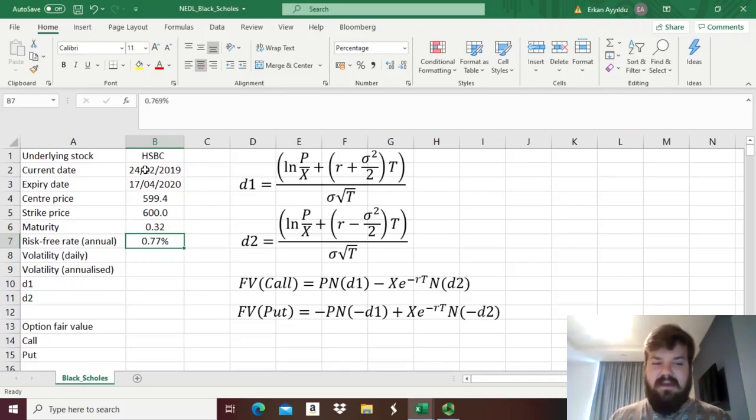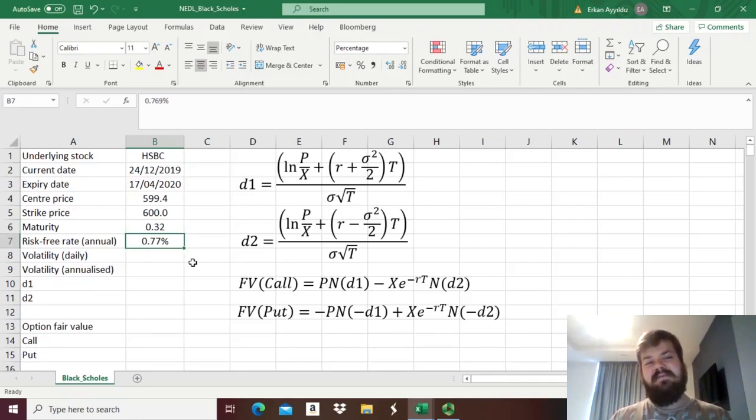Then we need to estimate the volatility of the underlying share price, and we need to estimate it on an annual frequency, because obviously we have the maturity in years and we have the annual risk-free rate.